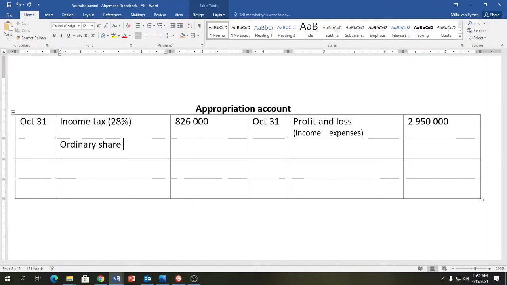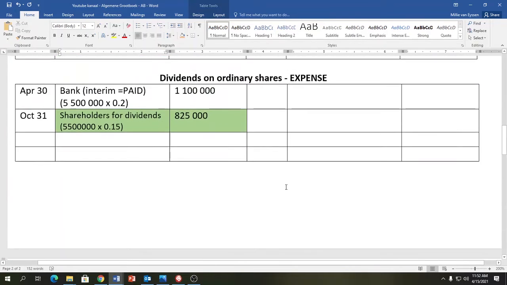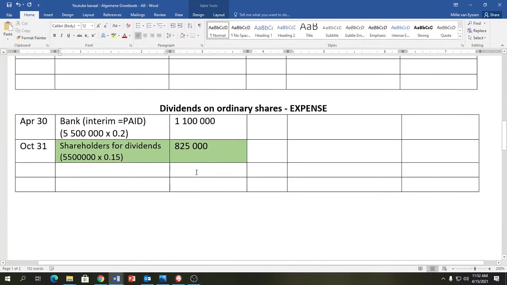Ordinary share dividends. The next thing that a company will pay after they've calculated their profit is dividends. Dividends is second because it's not a law, but as a company we will pay dividends to our shareholders.